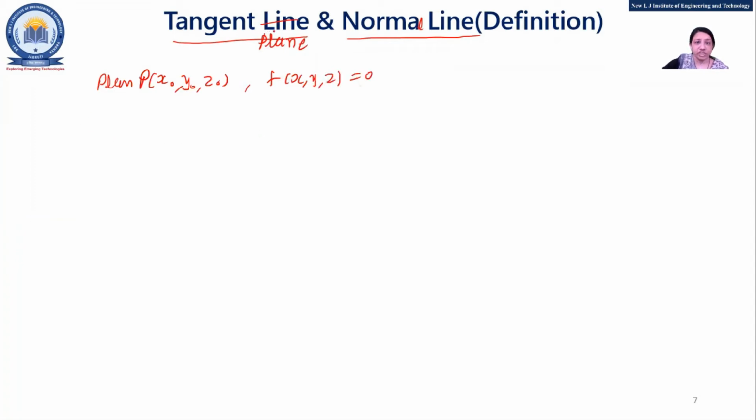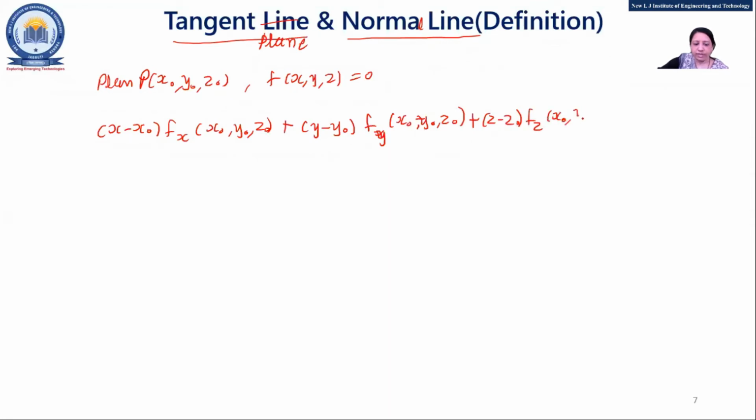So the equation of the tangent plane at that point is (x minus x0) into fx at (x0, y0, z0) plus (y minus y0) into fy at (x0, y0, z0) plus (z minus z0) into fz at (x0, y0, z0) equal to 0. So this is the equation of the tangent plane.